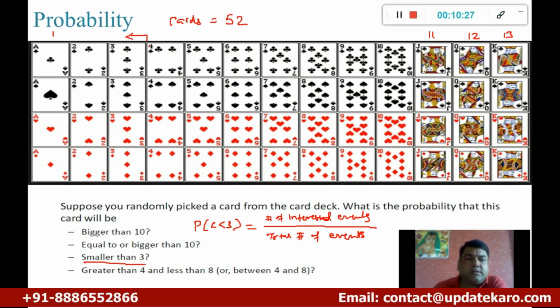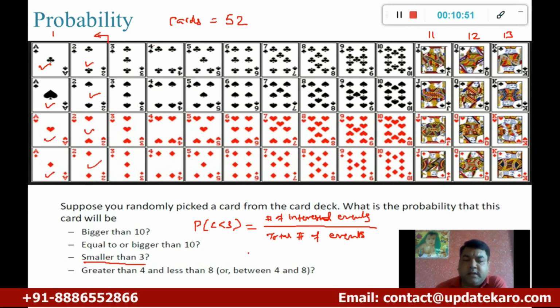Not even this, because this is smaller than 4. So actually not this one. The events I am interested in, less than 3, are these. So 1, 2, 3, 4, 5, 6, 7, 8.